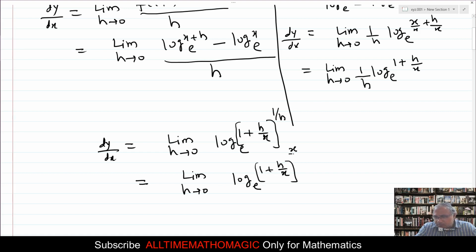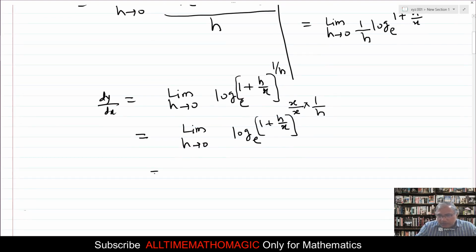In the index, multiplying and dividing by x into 1 upon h, equals limit h tending to 0 log 1 plus h upon x whole raised to x upon h into 1 upon x to the base e.